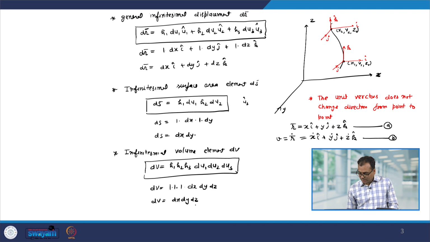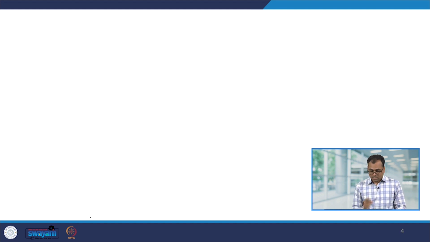Okay. Now, let me write down the acceleration a, which is r double dot, it will be x double dot i plus y double dot j plus z double dot k. Okay. Now, let me emphasize that the expression of velocity and acceleration is quite simple in Cartesian coordinate, because the unit vectors do not change when the particle or object moves from one point to another. Let us now look at planar polar coordinates.